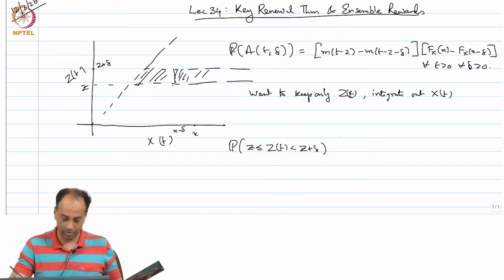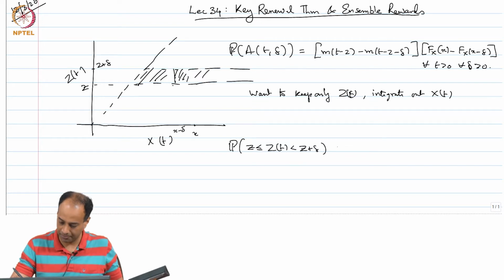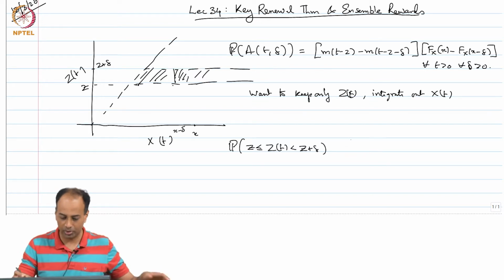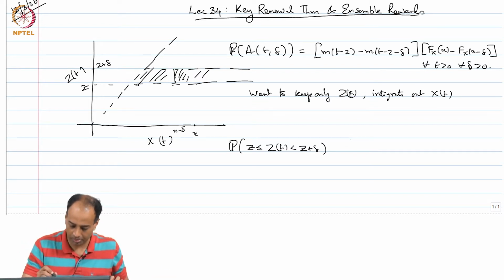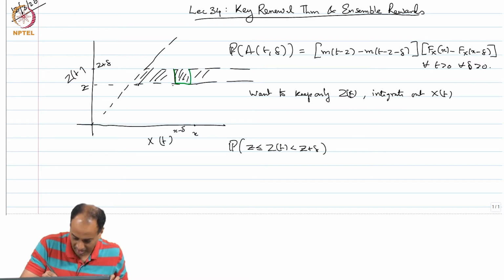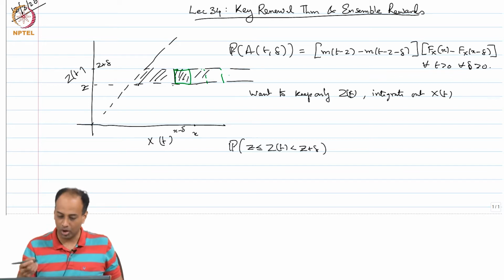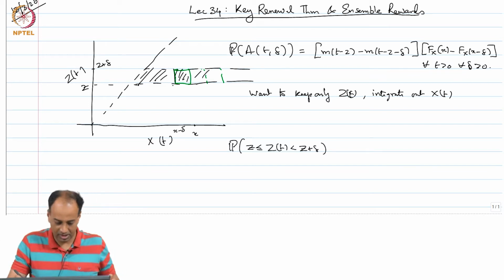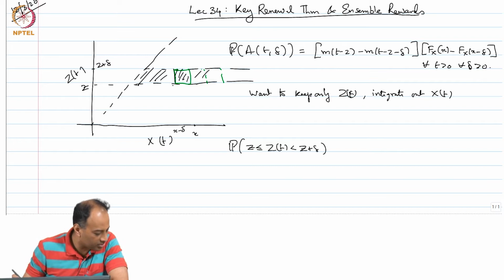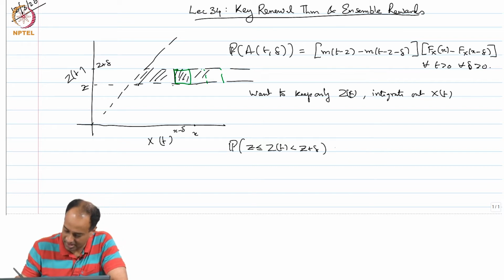You know the probability that (X(t), Z(t)) lies in that square, and you can add many such squares, just adding over all the x's. What you can show is that the probability that Z(t) lies between little z and little z plus delta can be upper bounded and lower bounded.